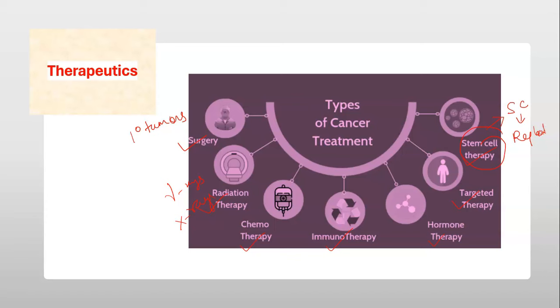It enhances the immune response against cancer and improves the efficacy of existing cancer treatments. So there are various types of stem cells that can be used for this. We have hematopoietic stem cells, mesenchymal stem cells, induced pluripotent stem cells. Then we have also cancer stem cells.